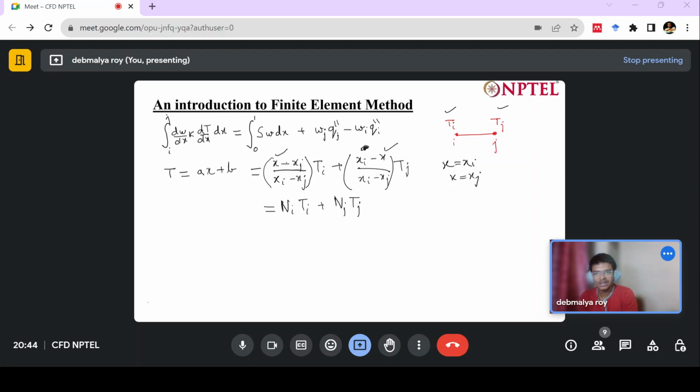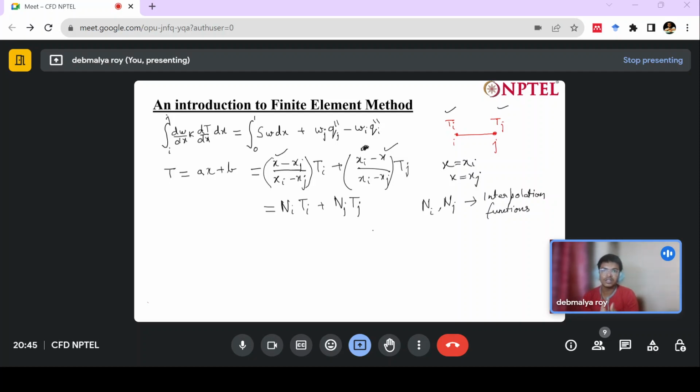They are functions of x, and these are also known as interpolation functions. Why this name? Because using these functions we are interpolating the temperature value at any point inside the domain. If we put x equal to something, we will know the temperature T value.